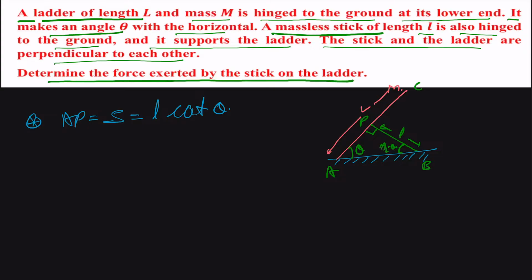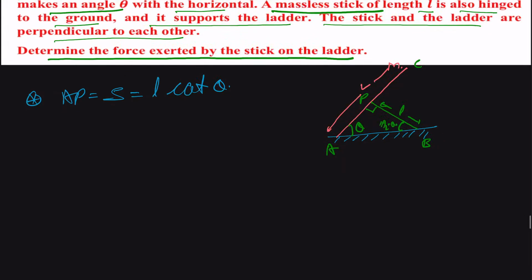And now various forces we can define here, and first of all there will be a normal at A. Let us call this NA, and there will be a force of friction, so let us call this F, and there will also be a force that this stick is going to apply on the ladder, and its direction will be here, and let us call this F. And also there will be mg in the downward direction.